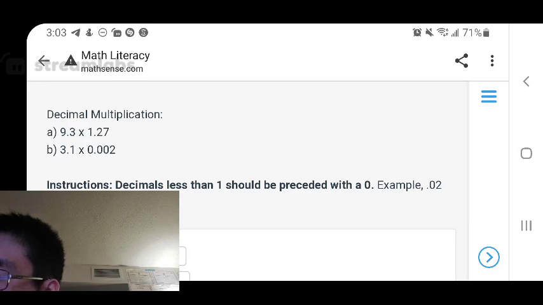And then you do 930 for the 1. 0, 1, 1, carry the 1. 14, 18, carry the 1 again. 11.